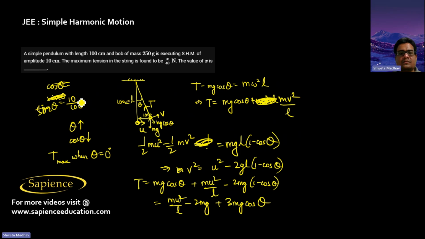So sin theta is 1 by 10. So cos theta would be equal to root over 1 minus sin square theta, root over 1 minus 1 by 100, that is 99 by 100. So root over 0.99 is approximately 1.